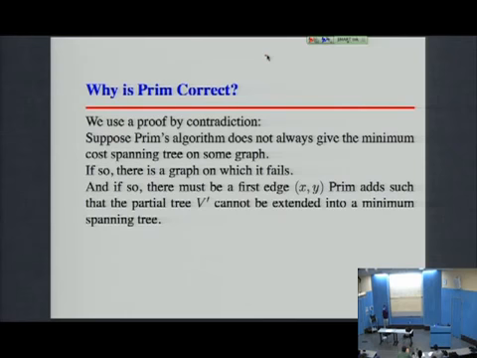Any questions? That's kind of how I would write it up. And again, read the book to see exactly how I wrote it up. This is actually an important point: Prim's algorithm is provably correct.